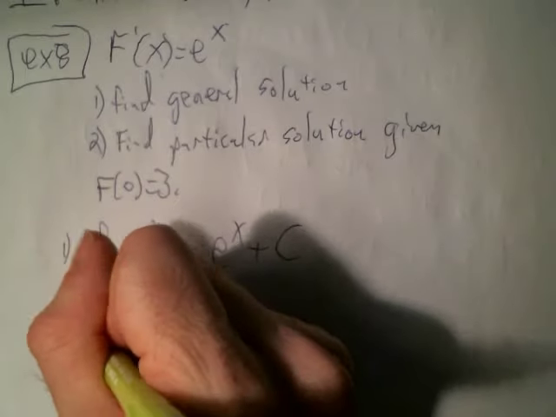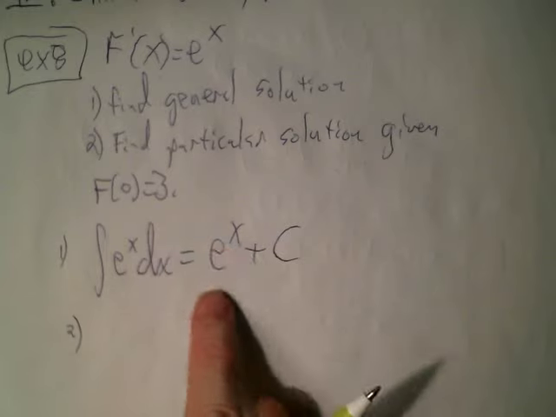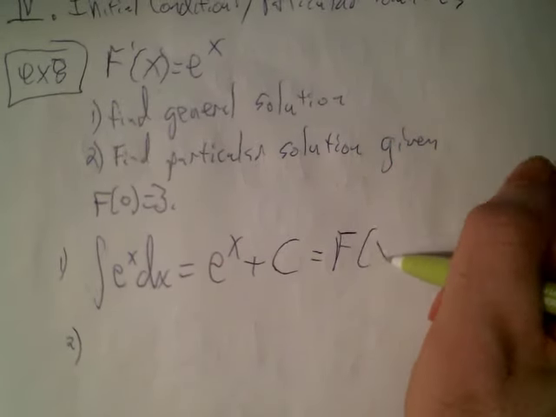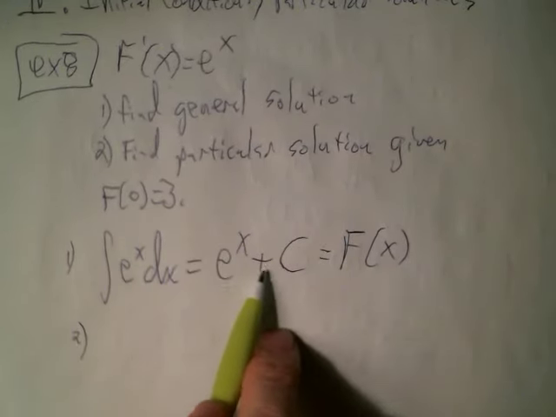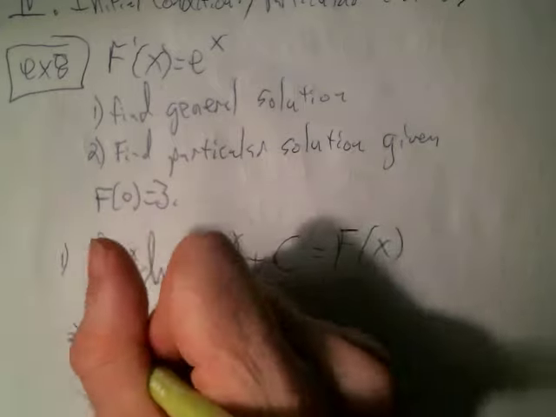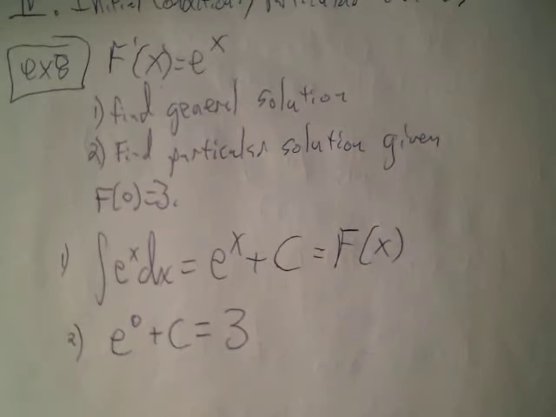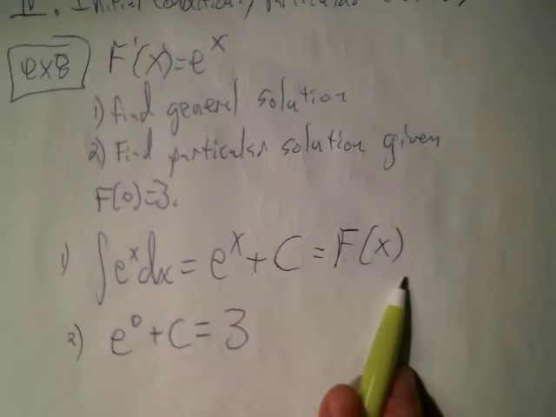Then secondly, we want to find the particular solution given this fact. This thing right here is our big F of x. So if I plug 0 in, it should equal 3. So e to the 0 plus c must equal 3. I'm just plugging 0 in for x into this expression.